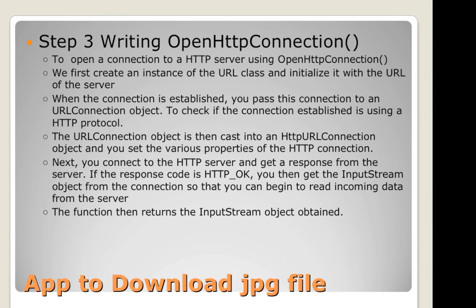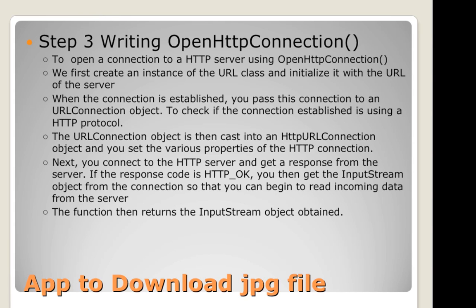So to open up a connection to the HTTP server, you're going to create an HTTP connection object, open HTTP connection. So you're first going to create the instance of the URL class, and then you're going to initialize it with the URL to the server. And then the connection, when it's established, you're going to pass the connection to the URLConnection object.